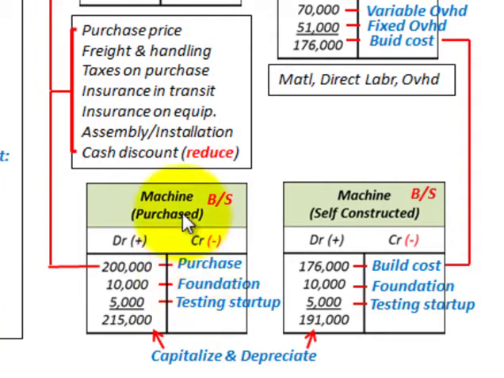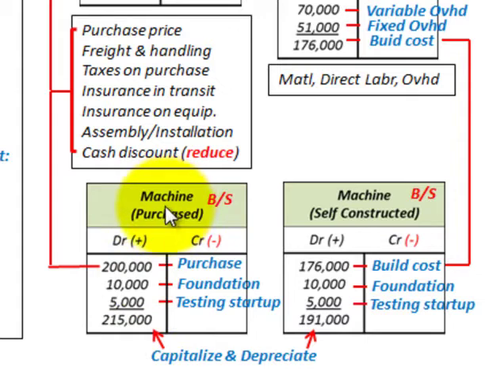So just looking at our purchased machine, of course we started out with our $200,000. That was all our purchase costs included. Now we say, for example, we had to put in a special foundation, which most of the time you have to install for your machinery. So that would be included. And then of course testing and startup costs. That's what would be required for materials and labor and so forth for getting that machine ready for production.